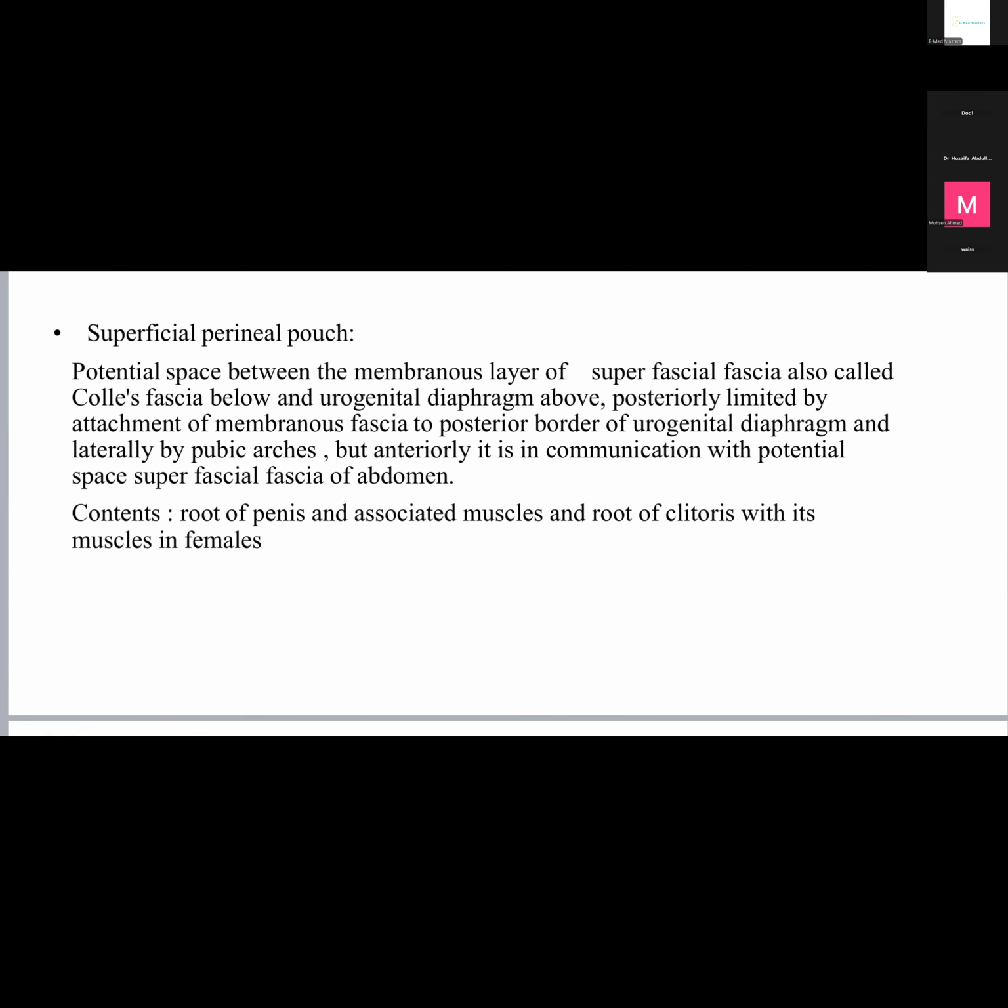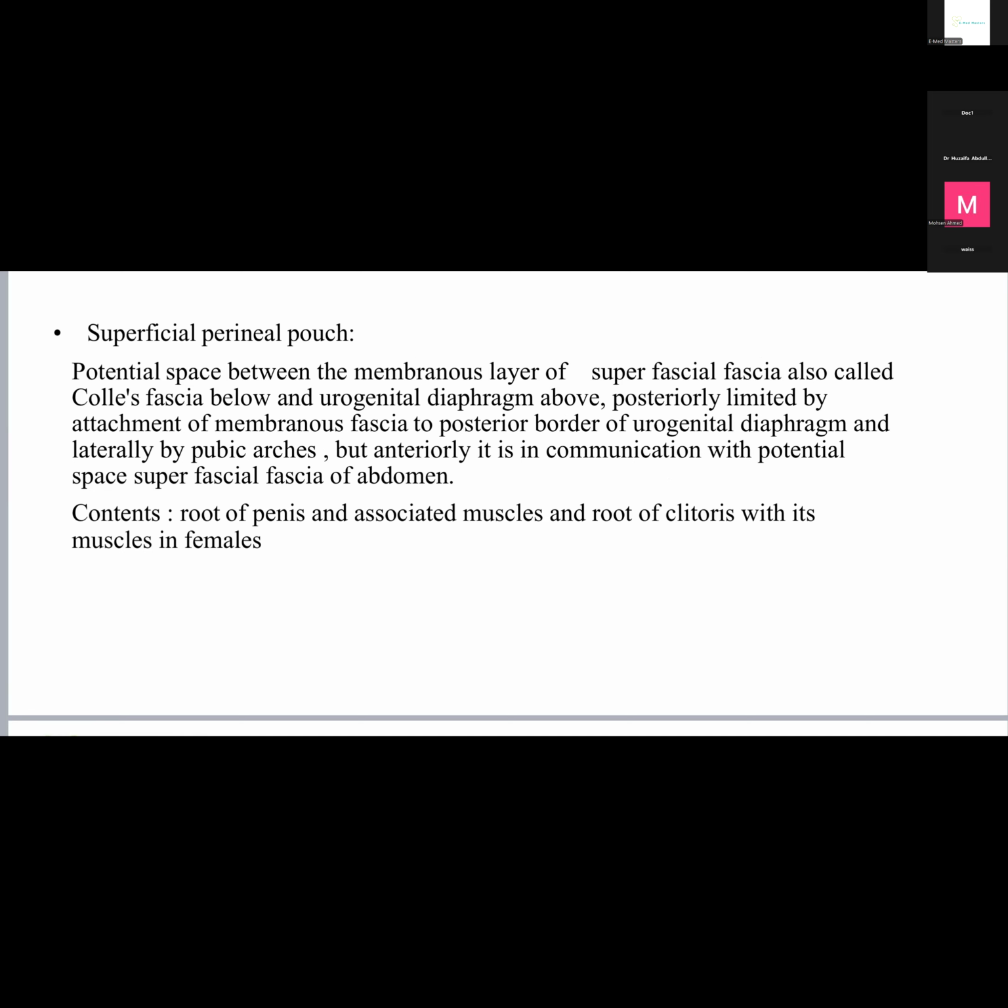Let's read again about the boundaries of the superficial perineal pouch. It is a space between the membranous layer of superficial fascia, or Colles fascia, below and the urogenital diaphragm above. Posteriorly it is limited by the attachment of membranous fascia to the posterior border of the urogenital diaphragm, laterally by the pubic arch, but anteriorly it is deficient and in communication with the space below the superficial fascia of the abdomen.